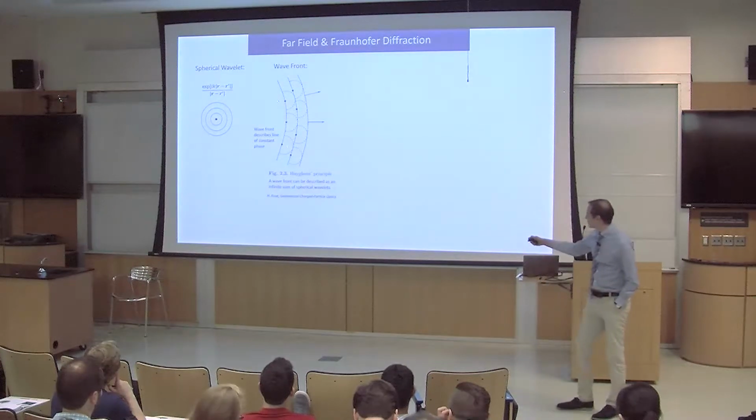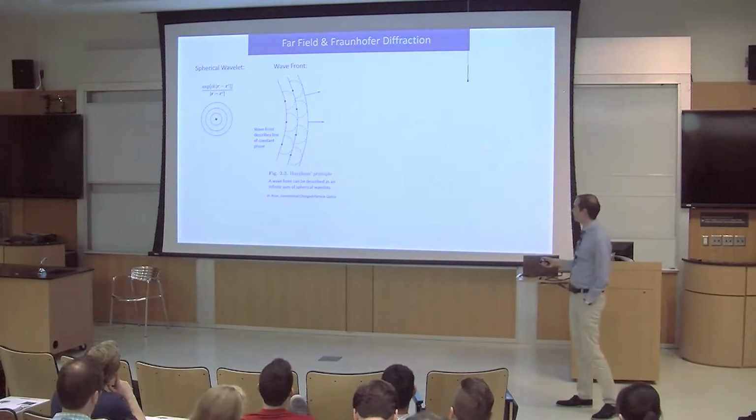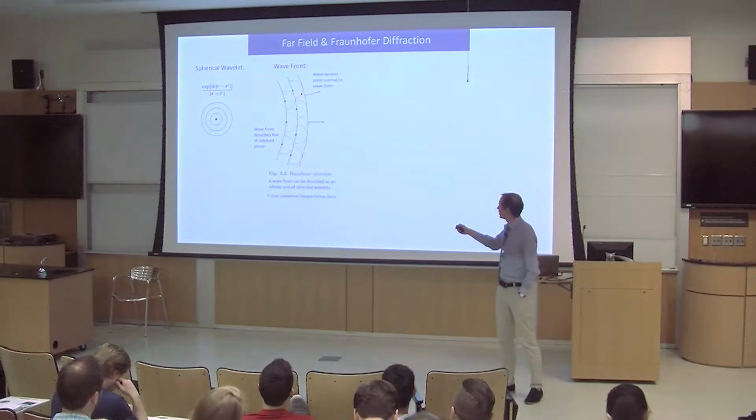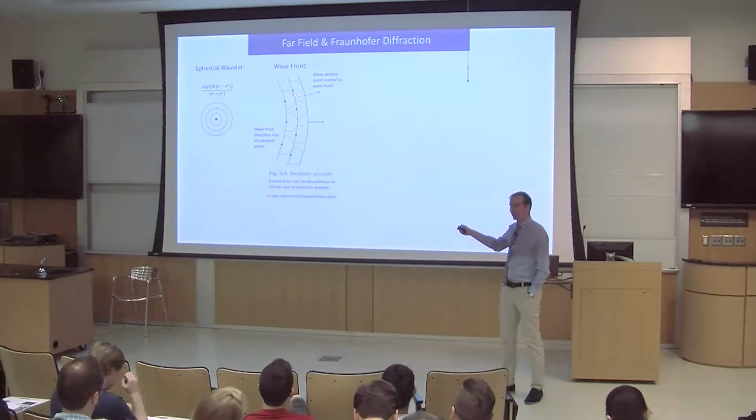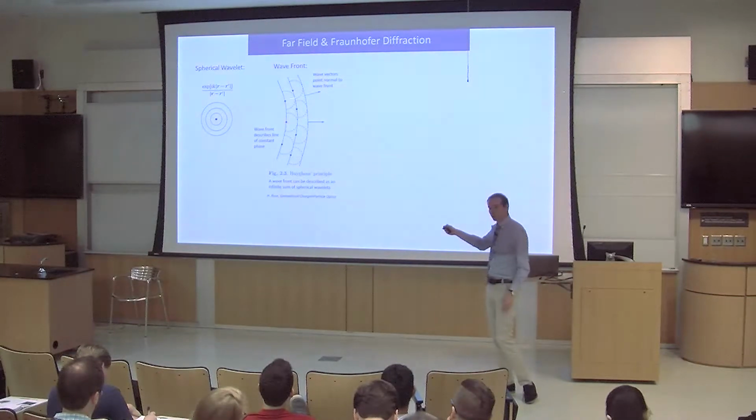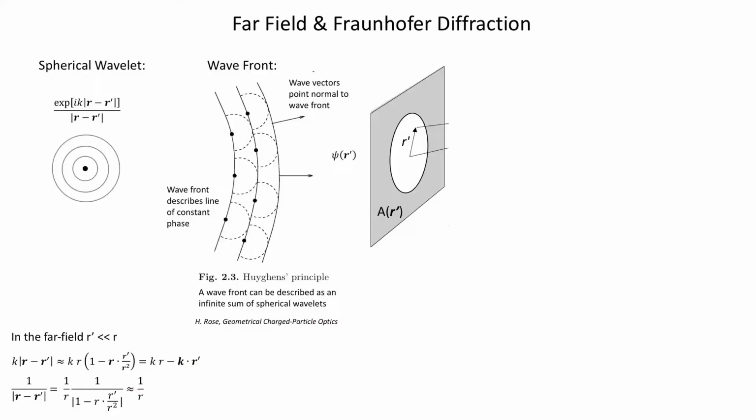So the solid lines here represent wave fronts of constant phase. We can also use wave vectors to represent the local direction of that wave at a particular point. And to construct the wave vectors, they're just vectors pointing normal to this wavefront surface.